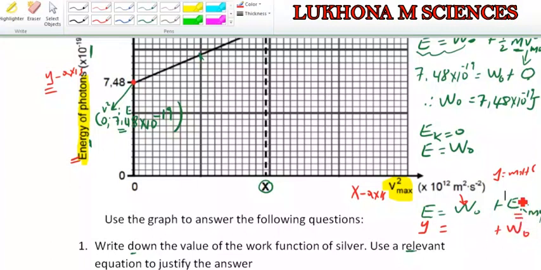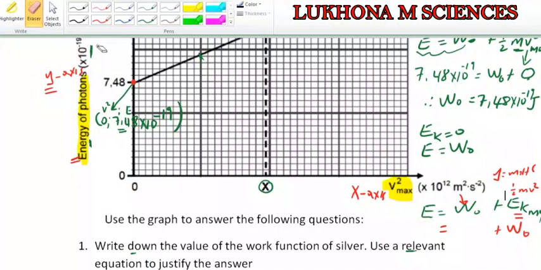Then we have this one. In our graph, let's change it to 1/2 mv squared. Okay, so let me write this one.